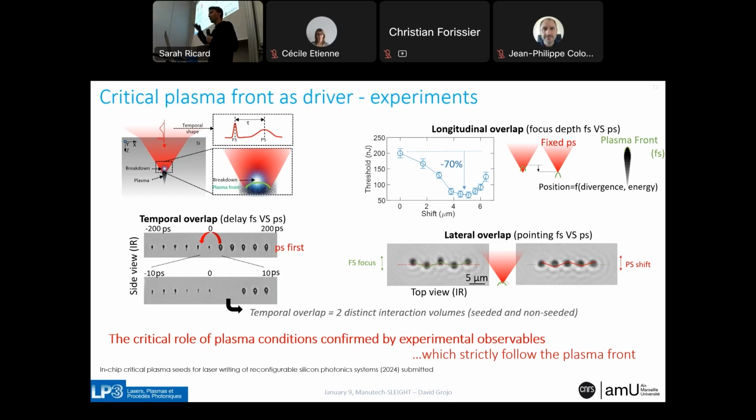But as soon as you create the plasma with the femto, the rest of the interaction will be done on the plasma front. But not all the pico will interact in the plasma front. So in practice, you are dealing with an experiment where the net energy density is decreasing because you are doing two interactions with one pulse. So observables that were very consistent with the fact that the plasma front has a leading role in these experiments.